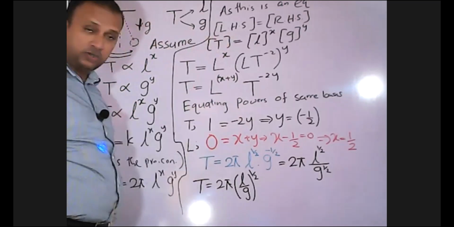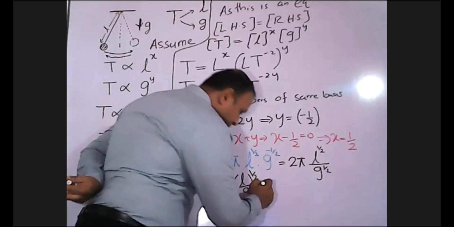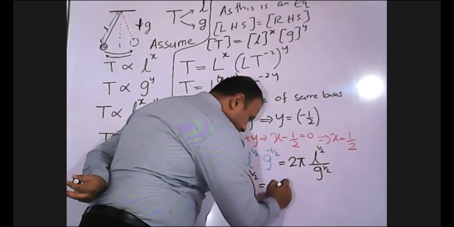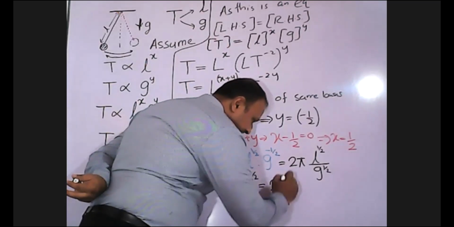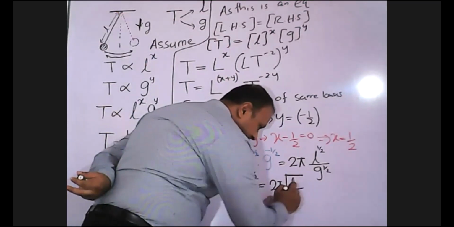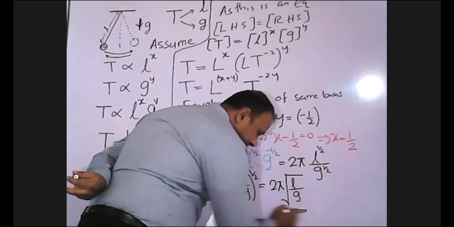Half power is equal to the square root. So I can write T equals 2 pi square root of L over G.